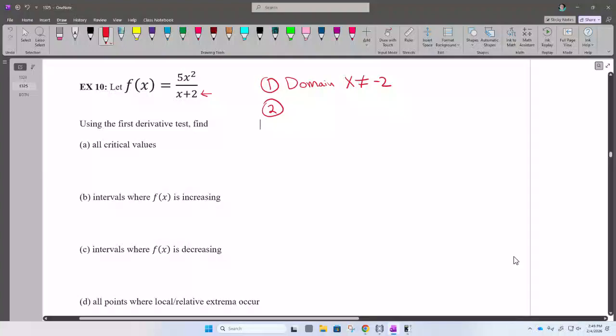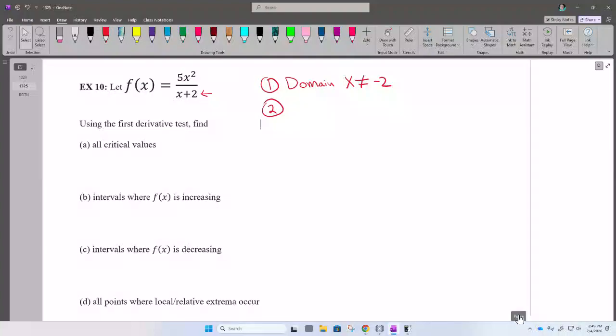The next thing I'm going to do is find my critical values. To find the critical values, we want to know where the derivative equals 0 and where the derivative does not exist. So I'm going to need to find my derivative. And looking at this, I get warm fuzzies because we get to use the quotient rule.